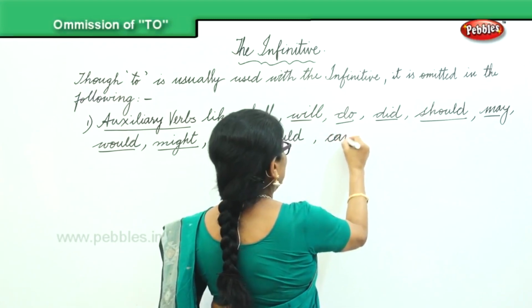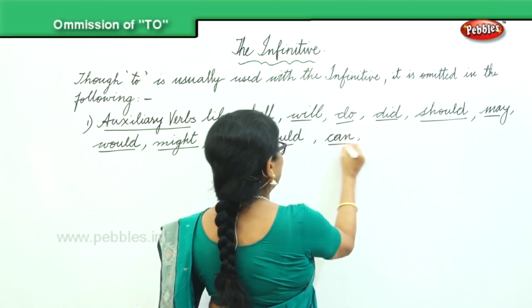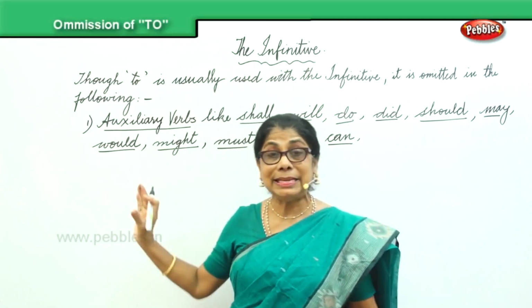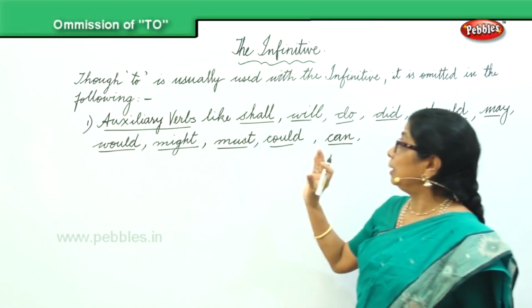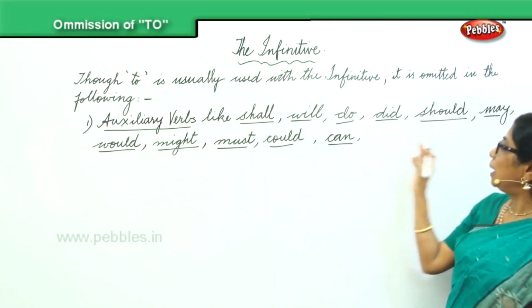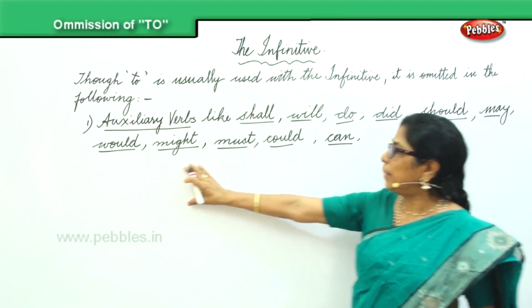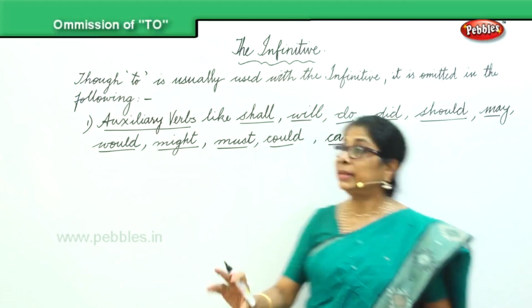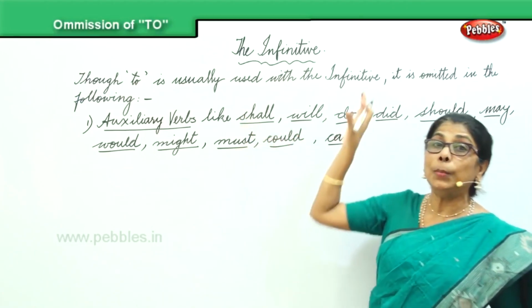Now look at all these auxiliary verbs. When we are using these auxiliary verbs, shall, will, do, did, should, may, would, might, must, could, can, when you use all these, "to" is omitted.